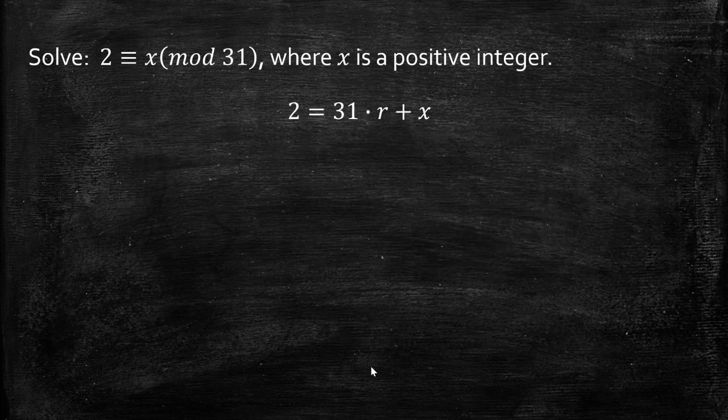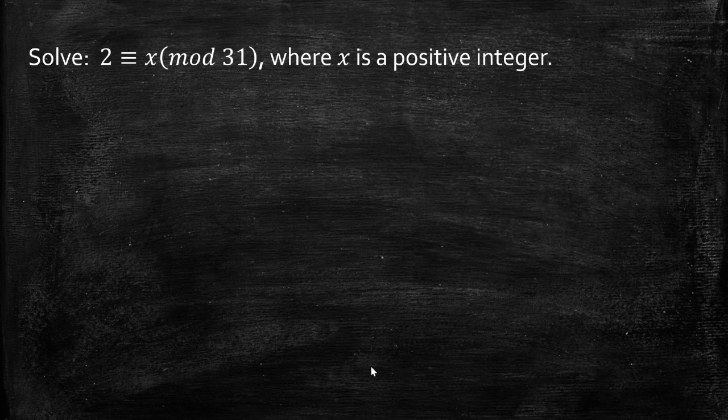Let's look at another example. This one says 2 is equivalent to x mod 31, where x is a positive integer. So 2 is divided by 31, and we have a remainder. Okay, so we can write this as 2 is 31 times some number plus x.